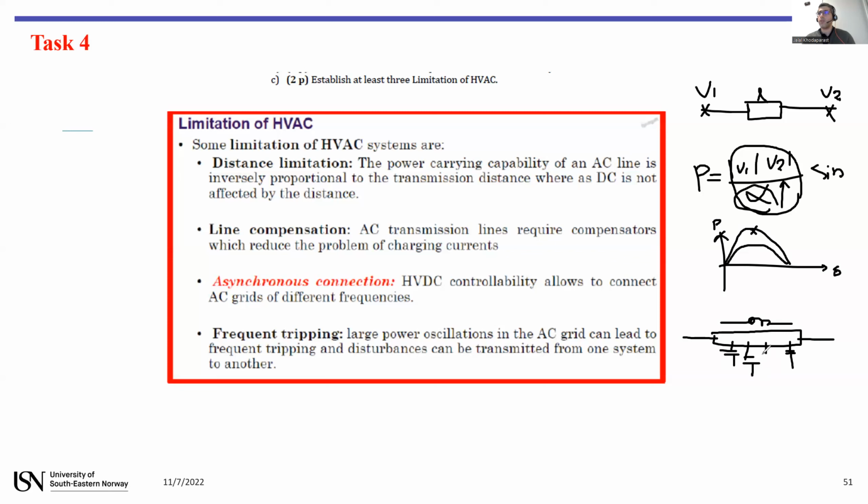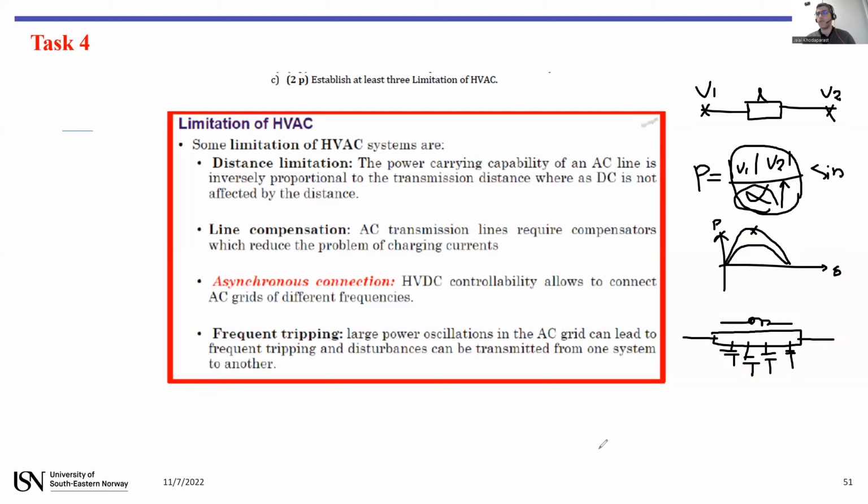The need for compensation is another challenge for the long transmission line, specifically for the cable, because the capacitance of the cable is very high and the reactive power produced by the capacitor is very high. You need to compensate.